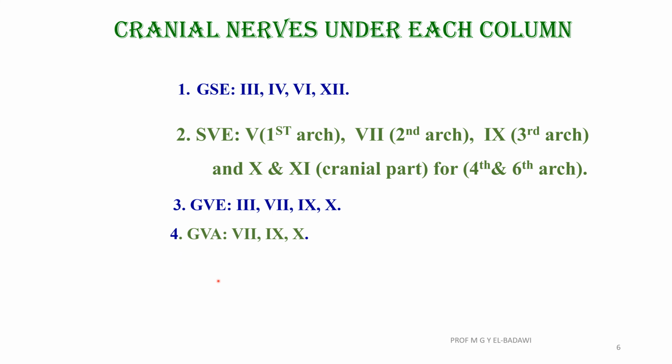The sensory part is the general visceral afferent fibers, which are the interoceptives: facial, glossopharyngeal, and vagus, while those of special visceral afferent, the first is the smell, while the taste is by the seven, the ninth, and the tenth.